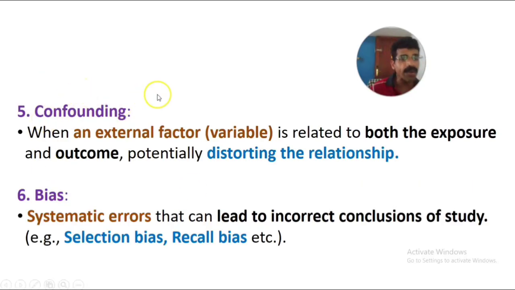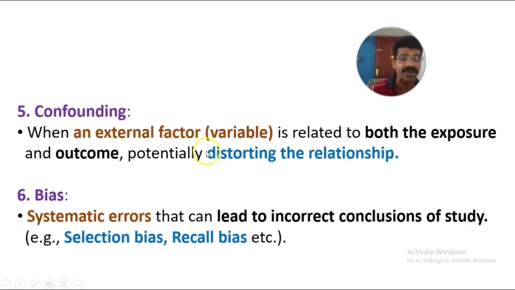Then the fifth concept is confounding variables. It is an external factor or variable that is related to both the exposure and the outcome of a particular problem or disease. Potentially it may distort the relationship between the exposure and the outcome.